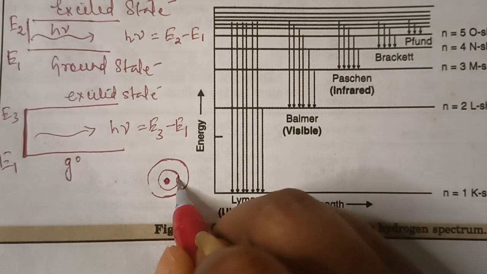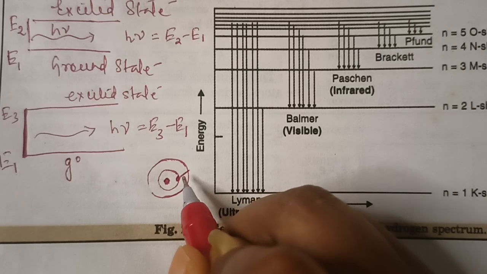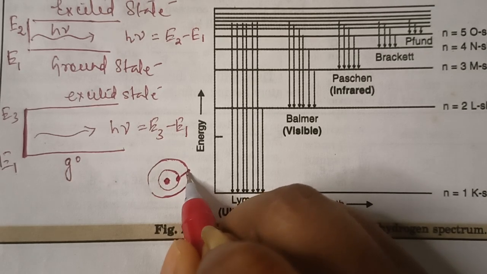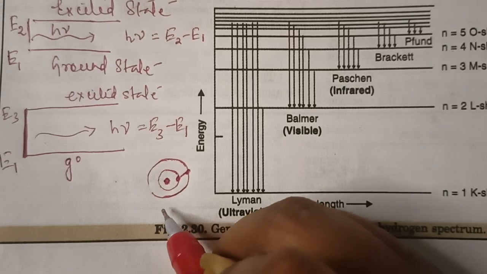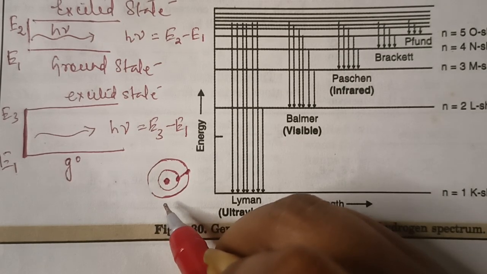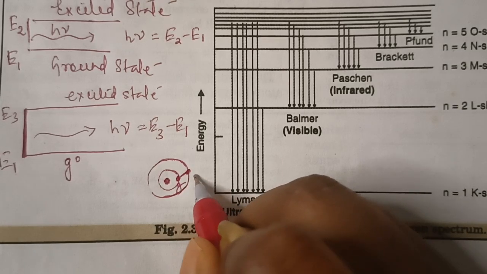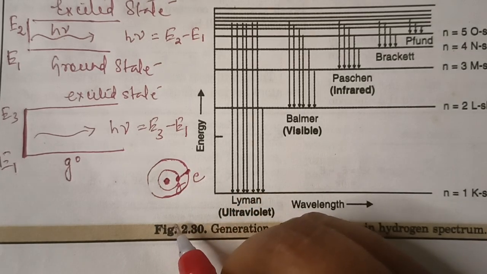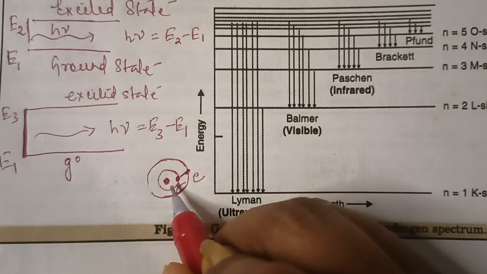That means this electron jumps to a higher energy state. This is called the ground state and this is called the excited state. Usually the ground state is the one which is very close to the nucleus.